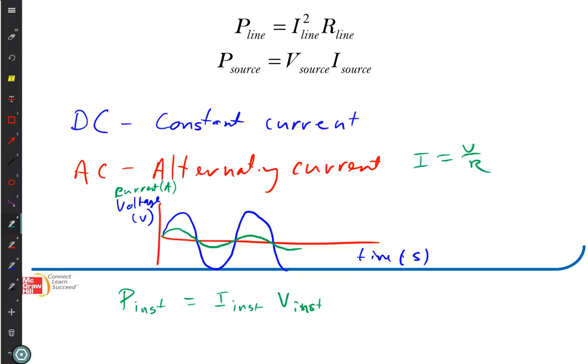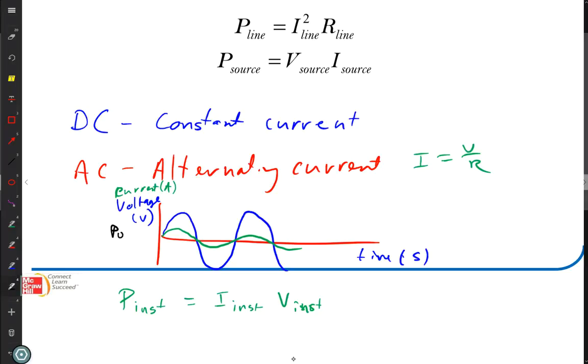Because when current and voltage are both zero, what's the power? Zero. So it's going to go down to zero at that point. But notice that if I have the voltage negative, the current is also negative. So voltage times current, when they're both negative, what do you get for the power? Positive.